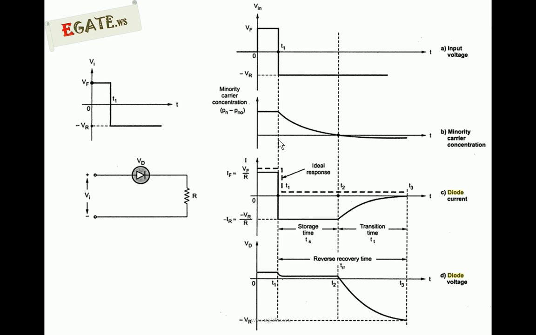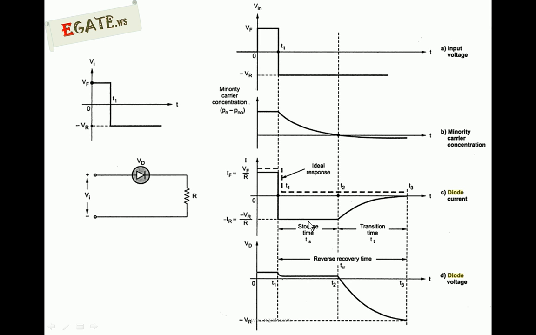During that time the diode conducts, but in the reverse direction, because the carriers previously moved one way and now they are moving in the opposite direction, so you will get a large amount of current but in the opposite direction. Previously the diode current was in the positive y axis direction, now it is in the negative y direction. So this is negative current which is flowing from N to P.